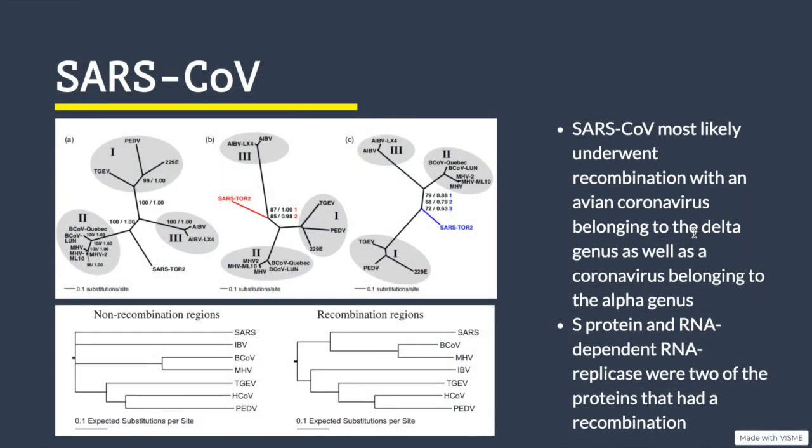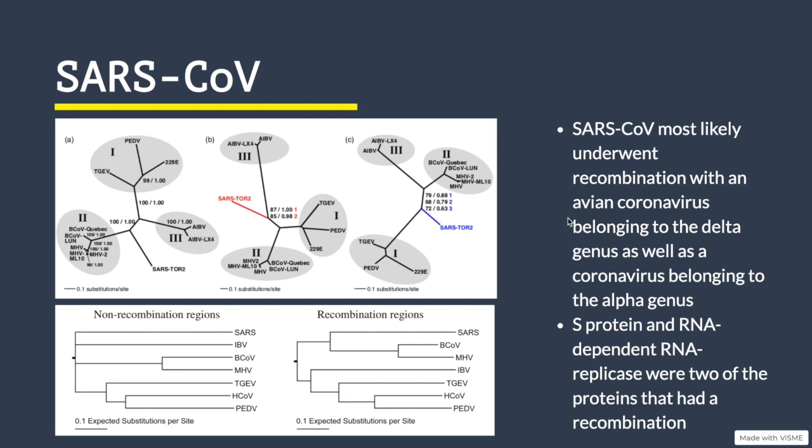So I'll just go over a case study of the SARS coronavirus, just because the methods that many researchers have used to detect recombination are very similar to how they are detecting recombination in the SARS coronavirus too.